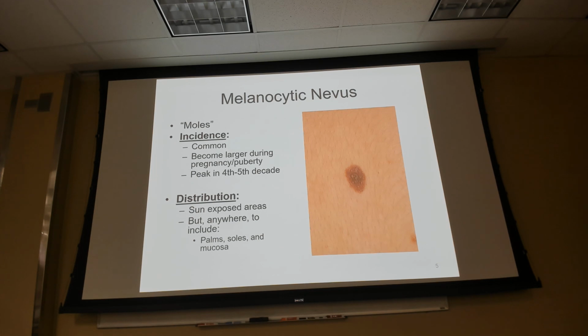As your skin and everything is getting larger, the moles can do the same thing. These things can be anywhere, okay? Yes, they are growing. It gets some darkness if it is having some sun exposure, but this can essentially be anywhere.